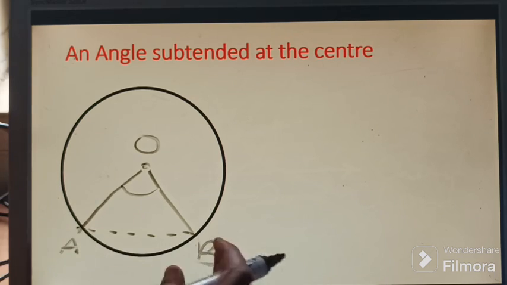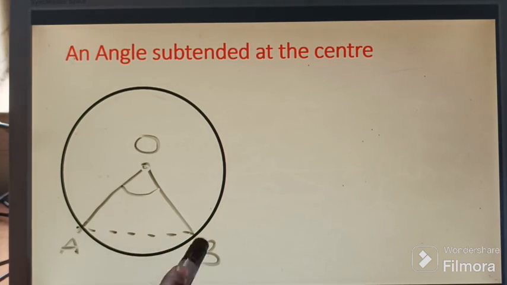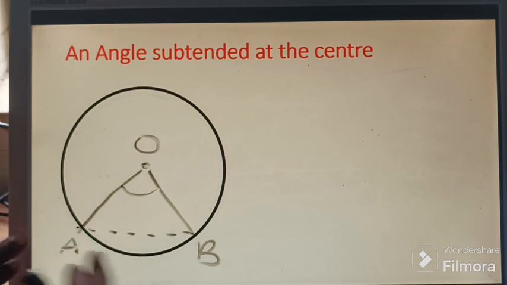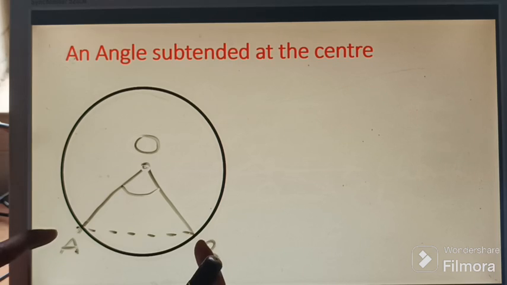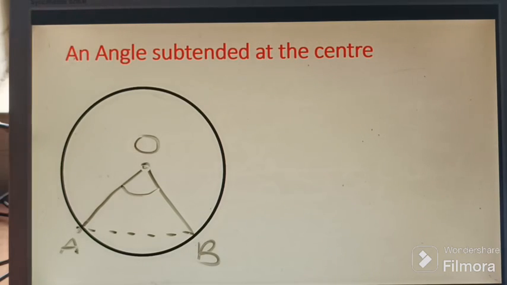Remember, a chord cuts two points of the circumference. So our chord cuts the circumference at two points, A and B, imagining there is a line. So we can say there's a chord there, joining the lines that meet at the center O.